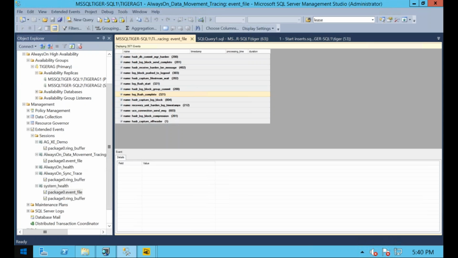The question was, does it capture all possible transitions of a message from the primary to the secondary and back? Yes, it does, which is why we're not shipping this as a default, always-on trace configuration.